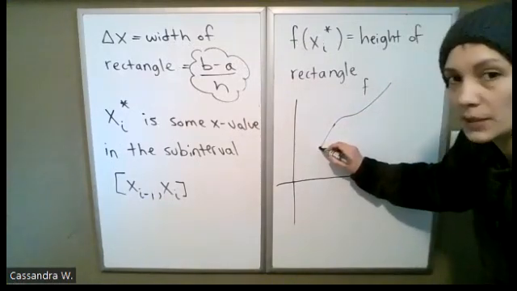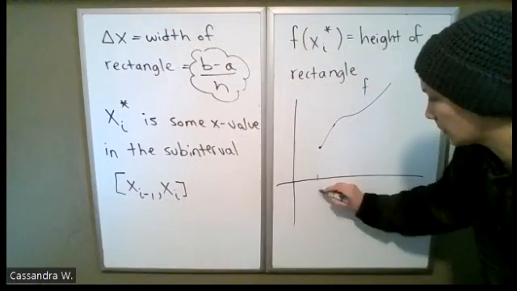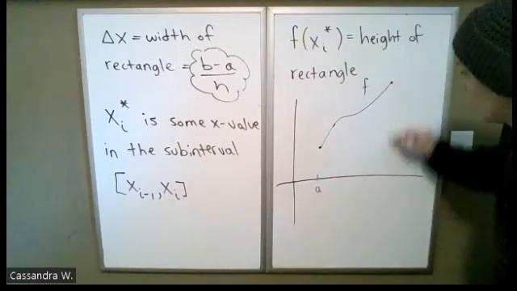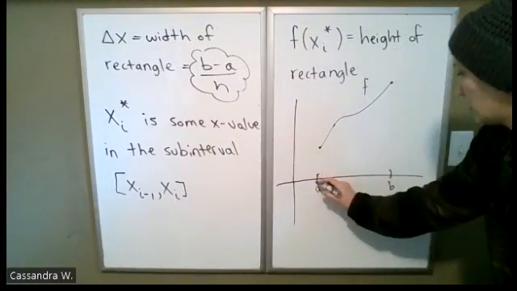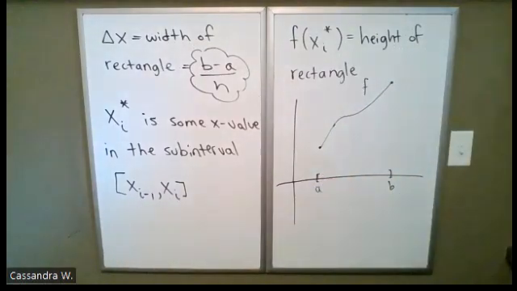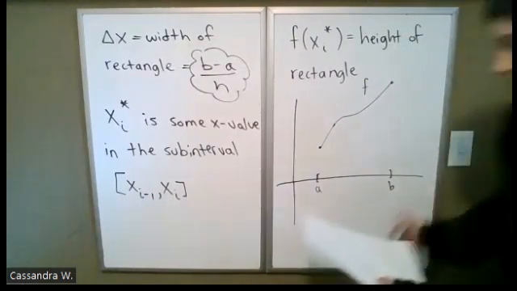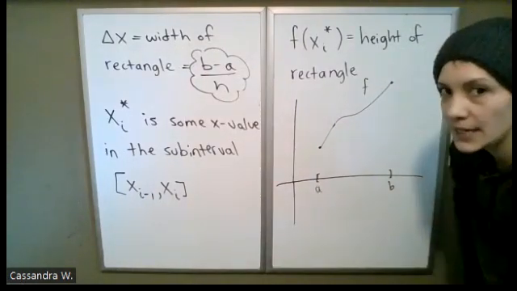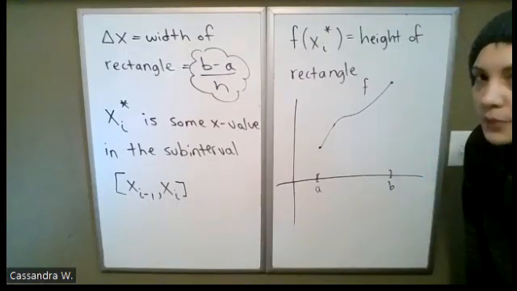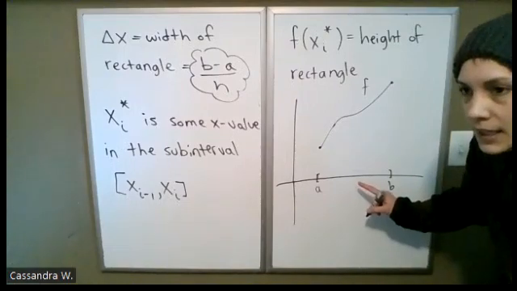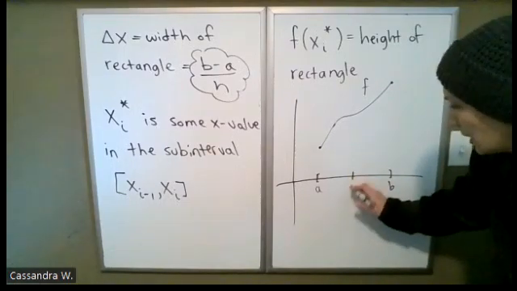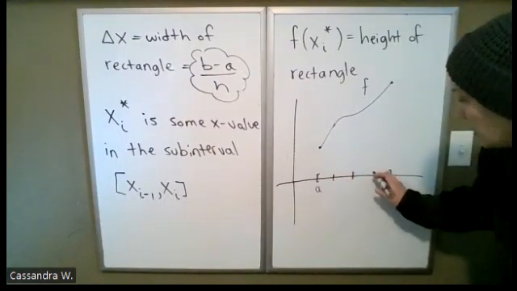Okay, and we're going from a to b. Let's say n is 4. So we're going to create 4 rectangles. So let's first divide this interval in half. Then each of those will split in half.